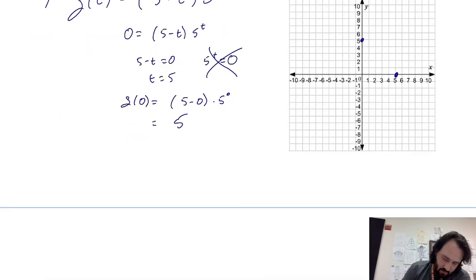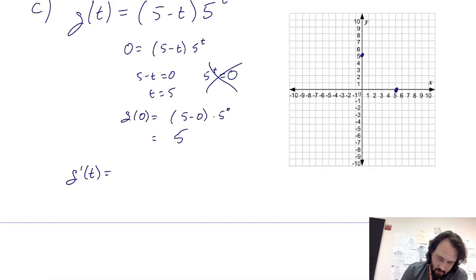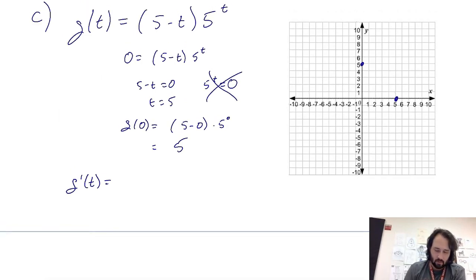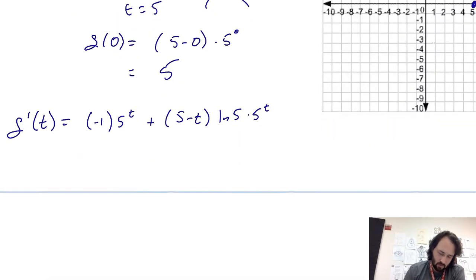So let's go ahead and find my first derivative. So I need to use my product rule again. So this would be -1 times 5 to the t, plus 5 minus t times ln of 5 times 5 to the t. So I'm going to factor out a 5 to the t.